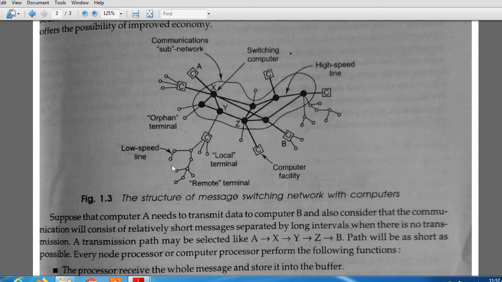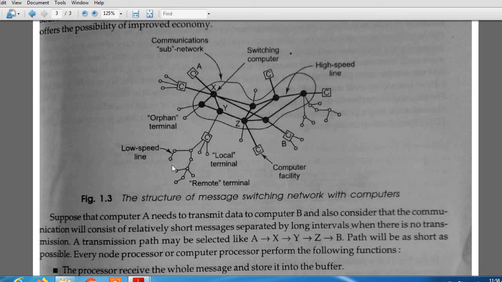Suppose a high priority short message arrives while a long message is in transmission. Then the node cannot process that short message earlier than the long message.